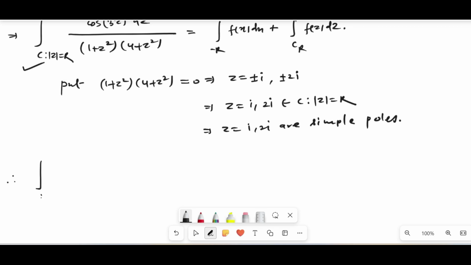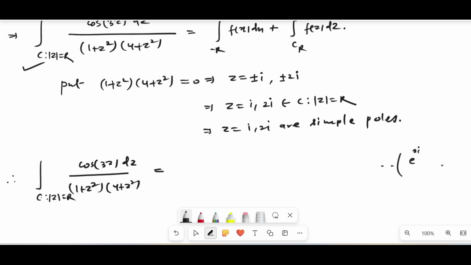If they are simple poles, then the value of the integral over the curve C, mod of z equal to r, of cos of 3z dz upon (1 plus z square) and (4 plus z square) can be written as follows. We know that e to the power of 3iz is equal to cos 3z plus i sin 3z, meaning cos of 3z is the real part of e to the power of 3iz.